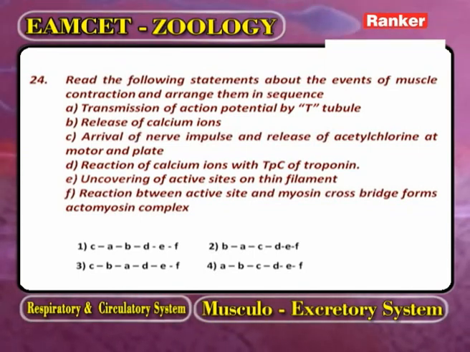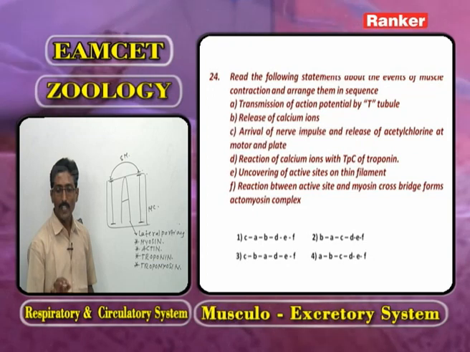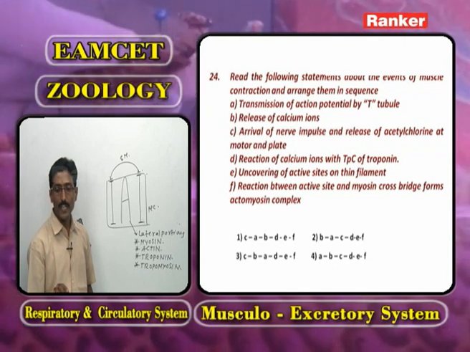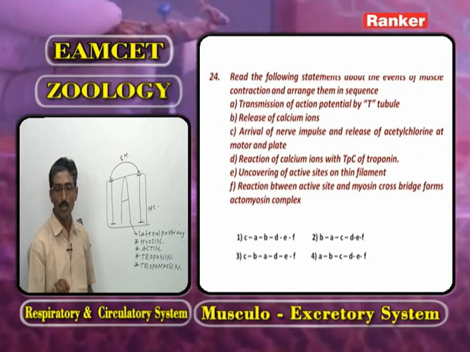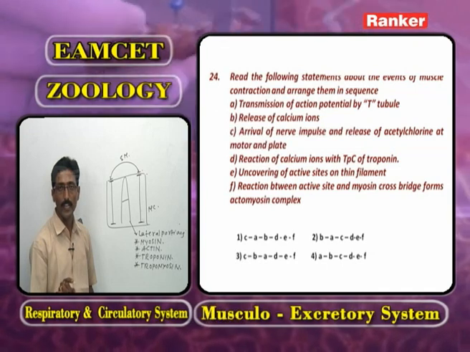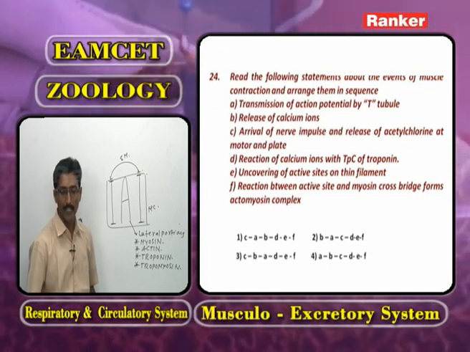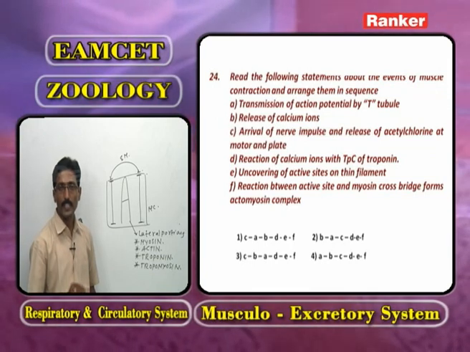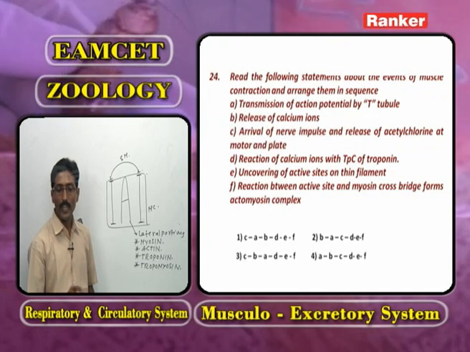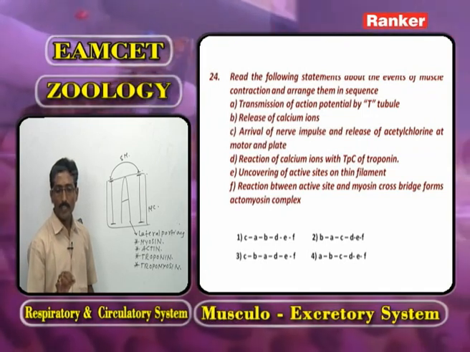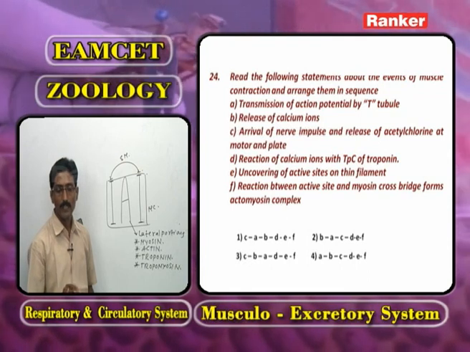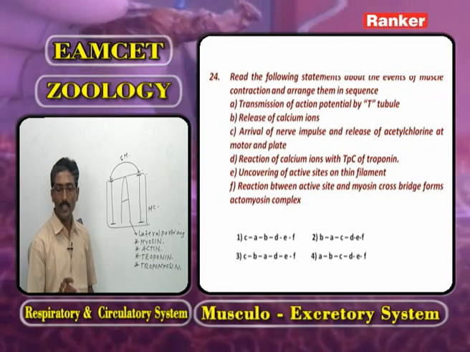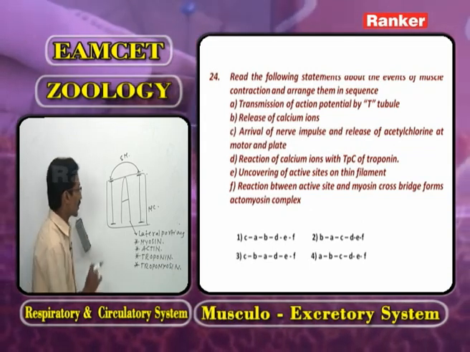Arrival of nerve impulse and release of acetylcholine at motor end plate. Reaction of calcium ions with TnC, uncovering of active sites. Reaction between active site and myosin cross bridge forms actomyosin complex.